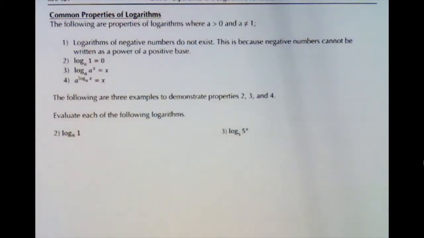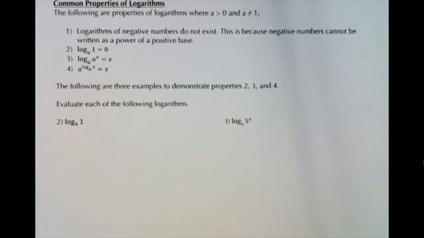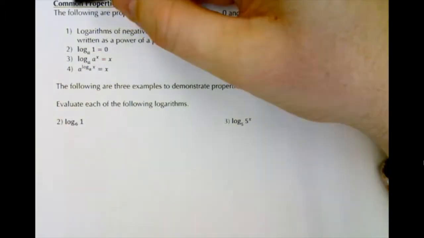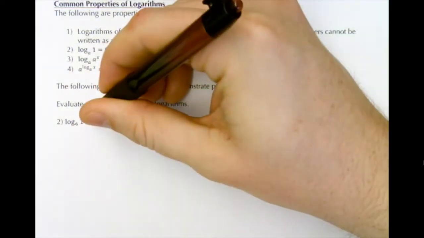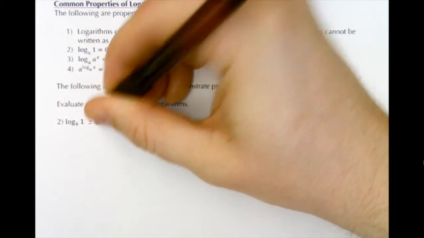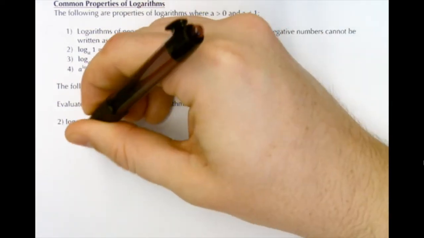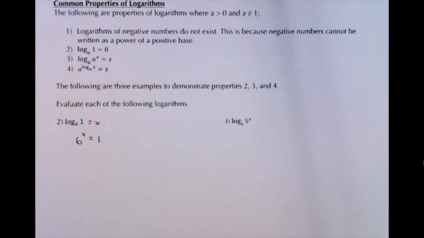So here are 3 examples using those properties and explaining why those properties exist. The first one is log of 1 with a base of 6. So this is actually your second common property that we're going to demonstrate. And if we try to evaluate this as we did in the first part of our lesson, we would set it equal to x and rewrite it as 6 to the exponent x equals 1. So basically we're asking ourselves, to what exponent do we have to raise 6 to get 1?